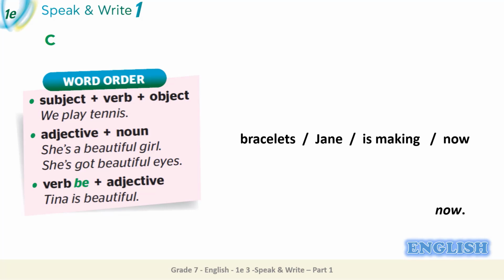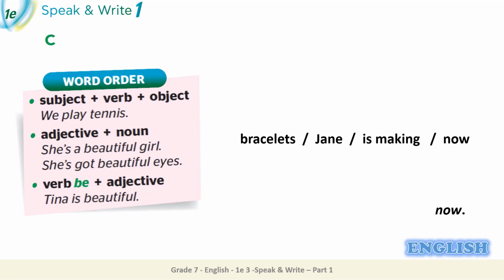Point number 2. Usually, the adjective comes before the noun. For example, she's a beautiful girl. She's got beautiful eyes. Point number 3. When we have verb be and an adjective, usually the adjective comes after the verb be. For example, Tina is beautiful.